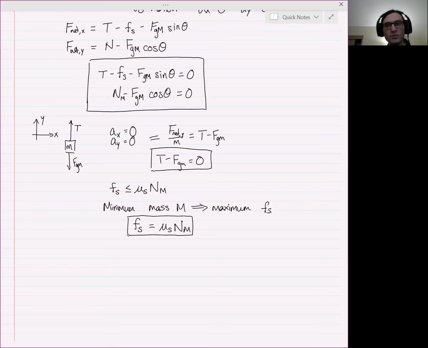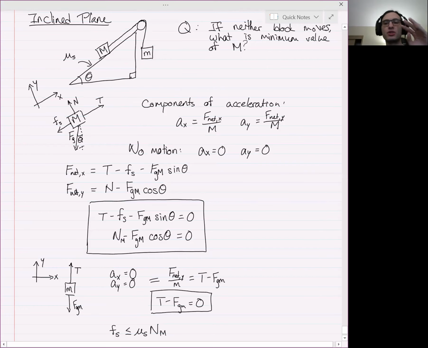However, what we can realize is that if we doubled the mass of both blocks, that shouldn't affect what our answer looks like, right? If everything else is the same but you doubled the mass of both blocks, it should still remain stationary. That's just basically what units you are using for your mass.